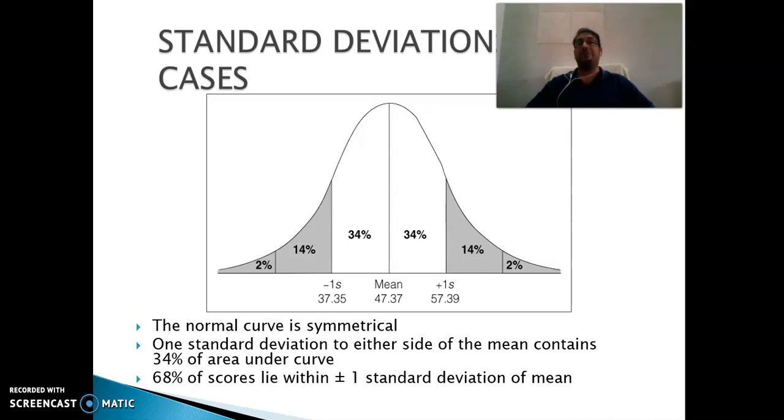The normal curve is symmetrical, as we mentioned earlier. One standard deviation to either side of the mean contains 34% of the area under the curve. So both sides, 34% and 34%, sum up to 68% of scores lying within plus or minus one standard deviation of the mean.